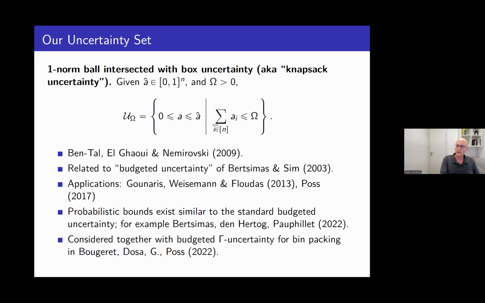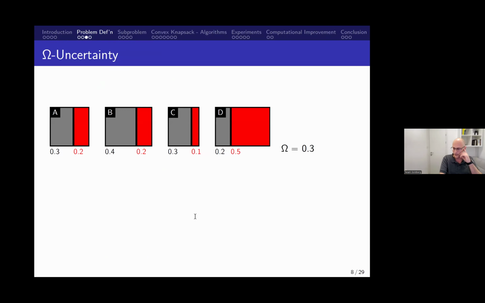We have some results there, both for gamma uncertainty, being the standard budgeted uncertainty of Bertsimas and Sim, where at most gamma items may deviate, and we have some better approximation results for this current set. And that worked for the classical bin packing problem, or a robust version of that problem. In some ongoing work, we actually have some formal results that, in some sense, this is easier to work with, but it's not a part of the current talk. I'll expand on this in the conclusion if I have time.